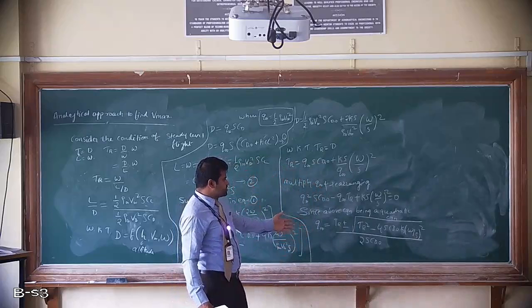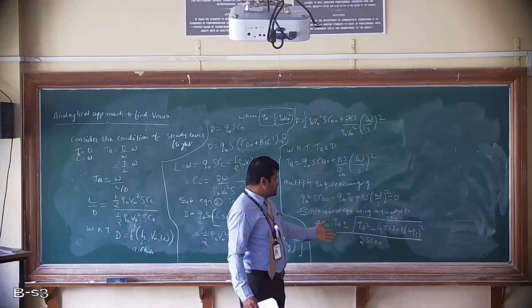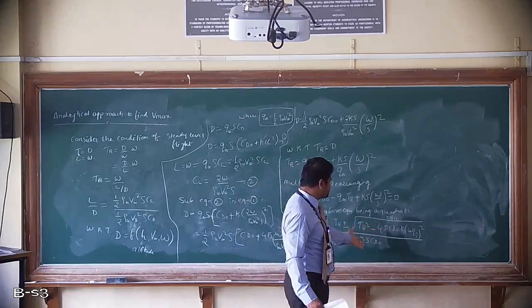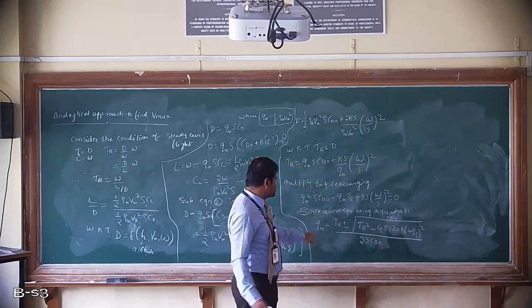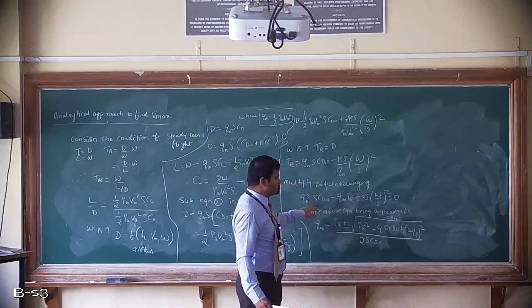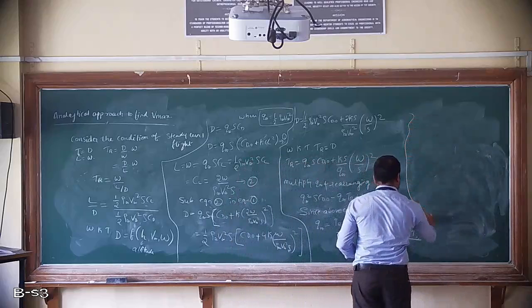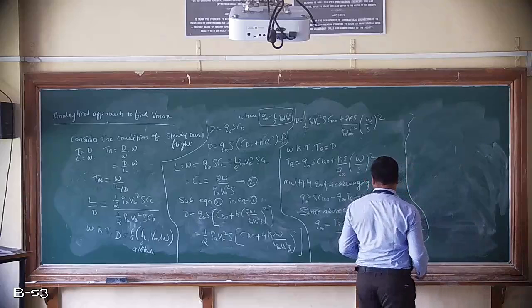That is like B plus or minus square root of B square minus 4AC divided by 2A. That expression we are using because it looks like a quadratic equation. So now we are solving for Q infinity, and finally I can rewrite this.